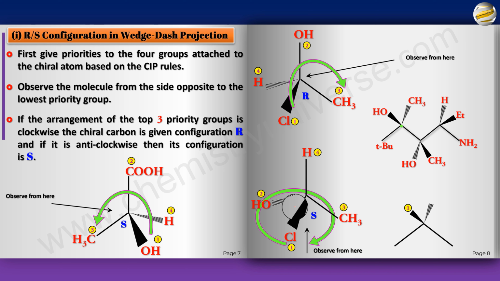Obviously OH. Which is 2? Now you have a fight between CH3, tertiary butyl and this carbon. But remember, this carbon has an O. Tertiary butyl has only 3 carbons attached. So this one gets 2. And 3 obviously will be tertiary butyl. And 4 will be CH3.